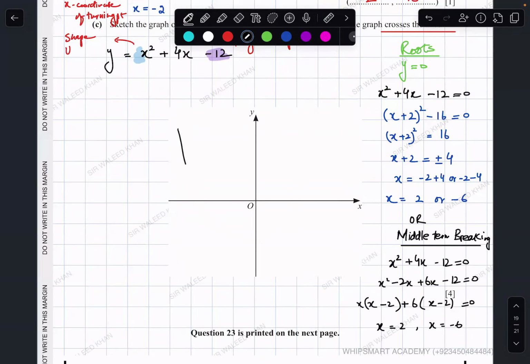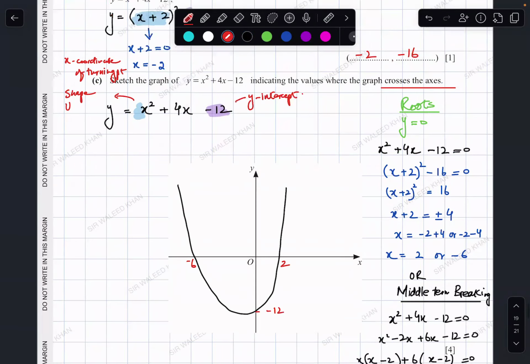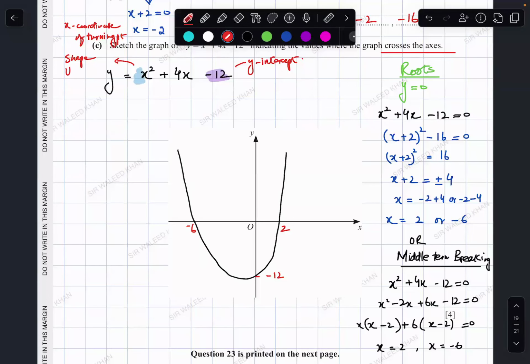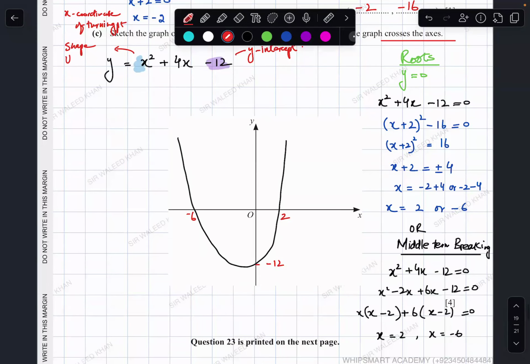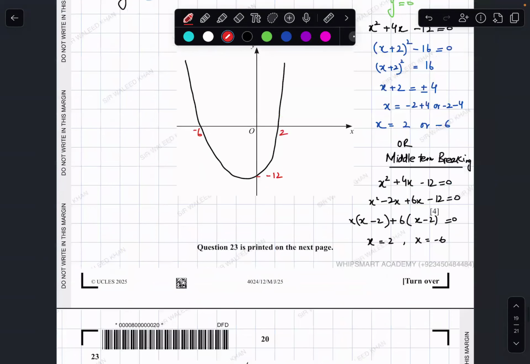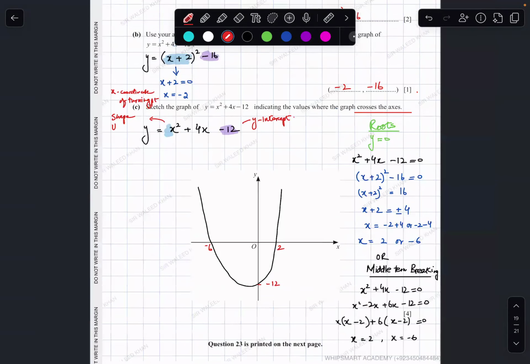You just label the points minus 6, positive 2, and then the y-intercept negative 12. That's it. The turning point, if you want to mention, otherwise it's not required, because we have to find the x's, where the graph is cutting, crosses the x-axis.